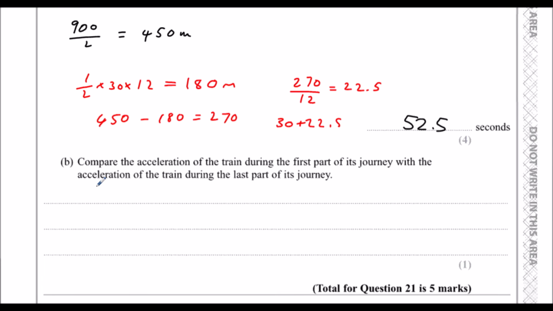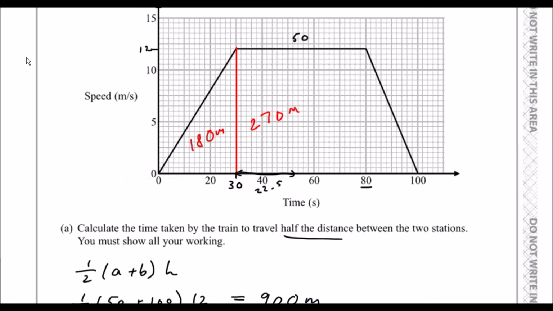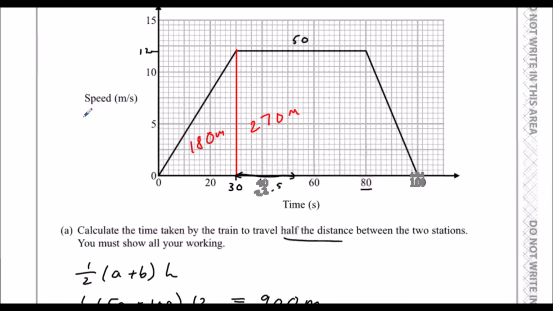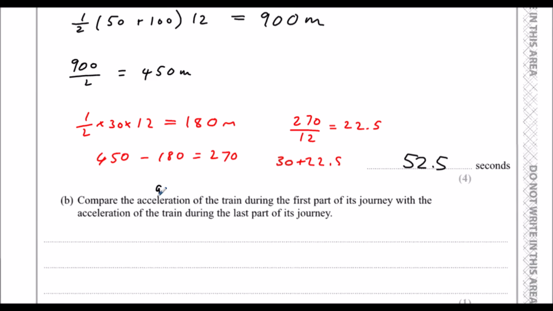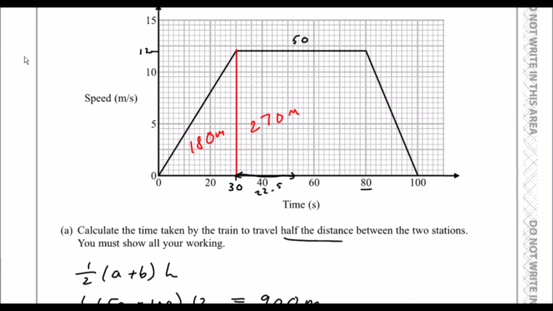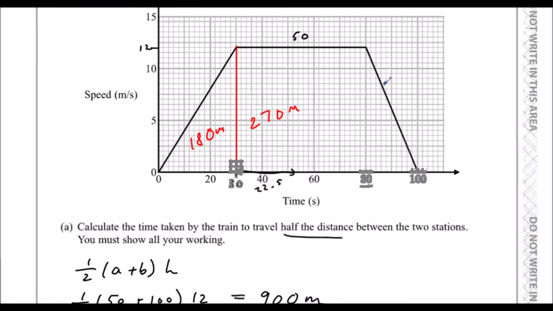Compare the acceleration of the train during the first part of its journey with the acceleration of the train during the last part. So the acceleration is the gradient. So compare the gradient for the first part of the journey with the gradient of the last part. There's two ways we could answer this. We could talk about how steep it is, or we could just make a comment on whether it's positive or negative.